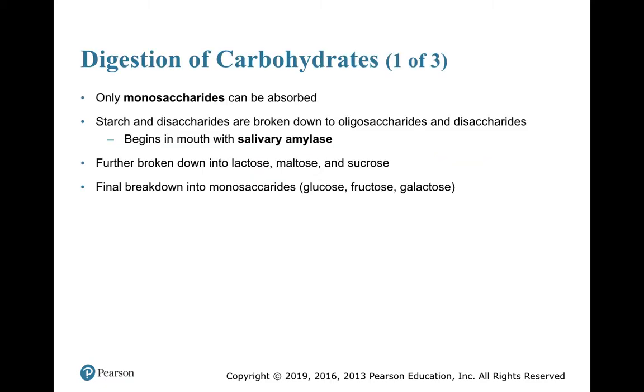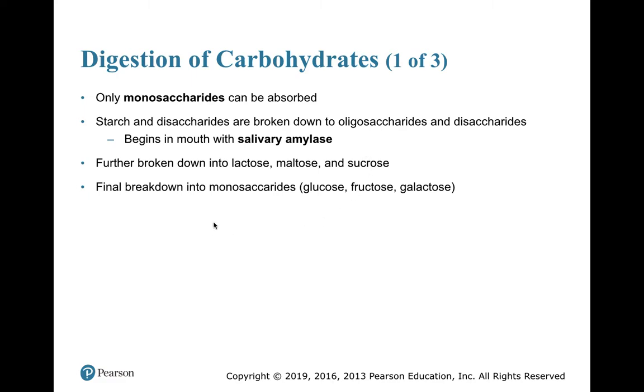Monosaccharides can be absorbed. Starches can be broken down into oligosaccharides and disaccharides. Disaccharides are only 2 sugars, so starches, not disaccharides, is what's broken down. And that begins in the mouth, and one of the enzymes there is a salivary amylase.